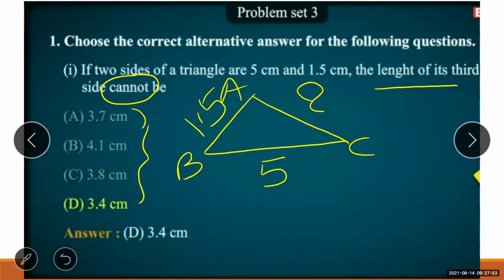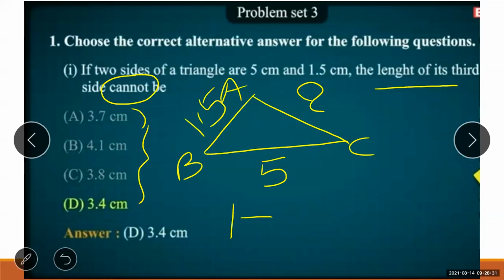That means the sum of the first and second sides will be greater than the third side. That is only about the sides, don't add the angle numbers. Any two sides, the total of those two sides will be greater than the third side. Now by that property, we will use it.